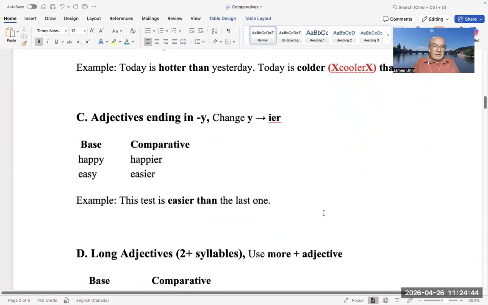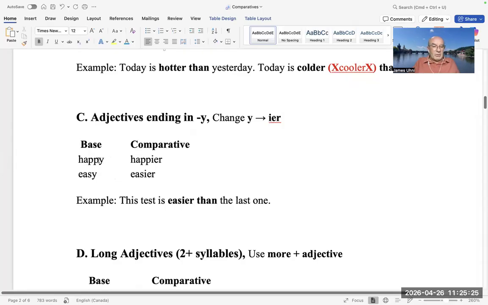Now here are adjectives ending in Y. In this case, the Y is a vowel. Happy, happier. Easy, easier. Y becomes a consonant in words, for example, yellow or Yankee or yield. But here it is at the end of the word, and it says happy.